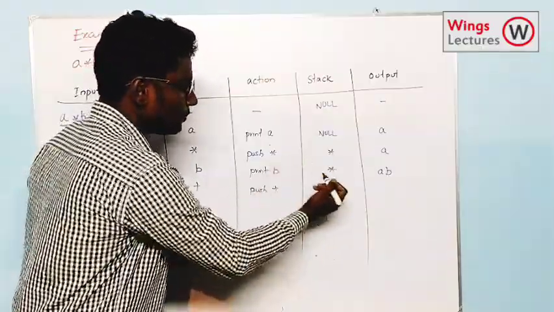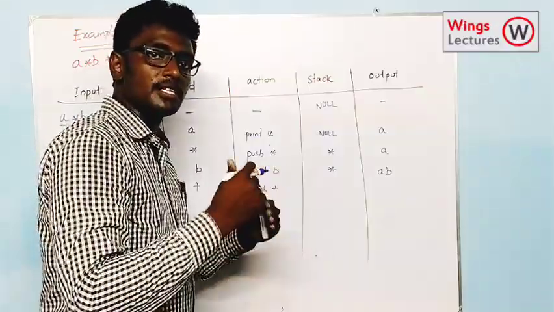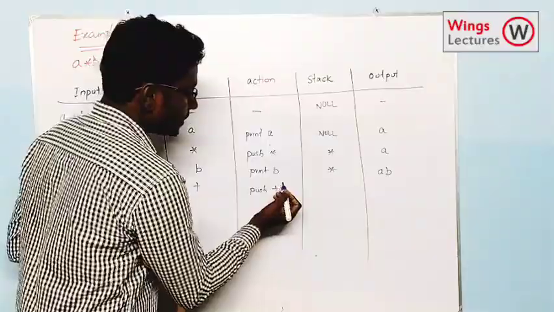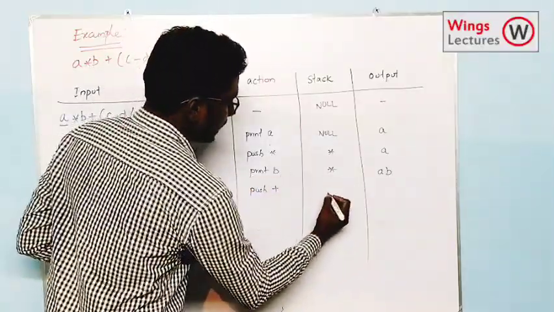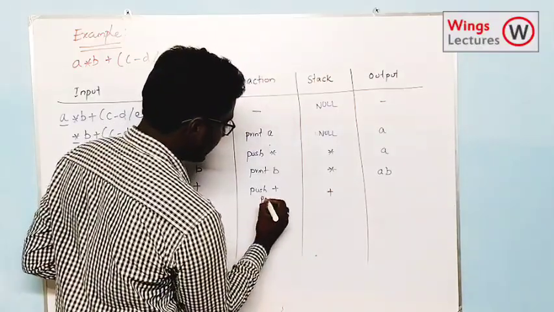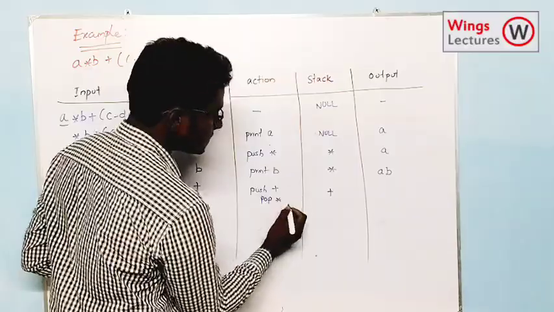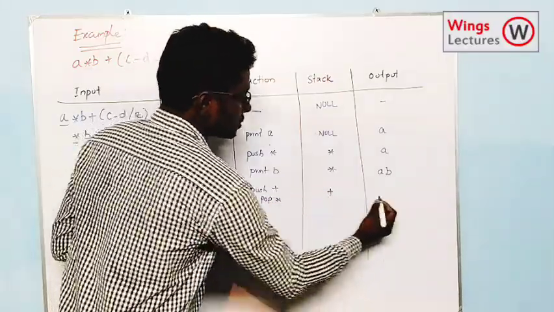Which one has higher priority? That means priority does not depend on numbers. This one will have higher priority, it has a higher rank. So I have to keep plus, and here I am going to write the action: pop star, and I am going to push plus and pop star.